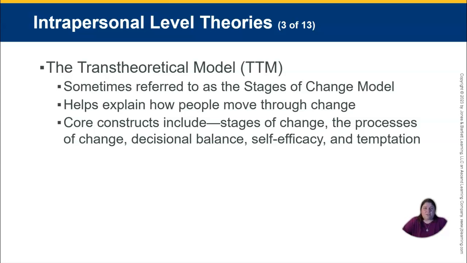And essentially it's looking at where people are in the process of behavior change. Once you identify where they are, how do you move them to the next stage? So some of the core constructs include the stages of change, so where they are, how they change, so what are those processes, the decisional balance, self-efficacy again, and then also temptation.